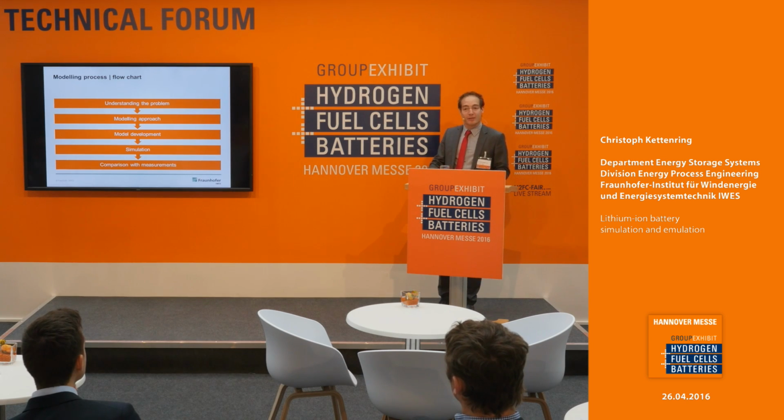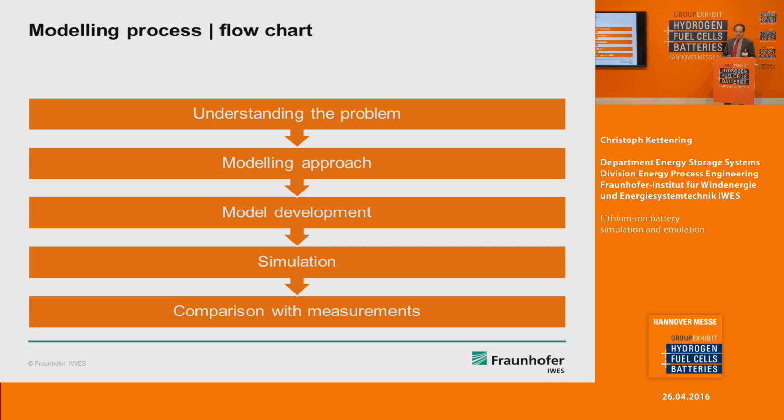The modeling process for battery simulation: the first part is understanding the problem. Then you need a modeling approach. After you understand this and you have an approach, you develop the model. After the model development, you simulate your model, and the last step is a comparison with measurements on a real cell.